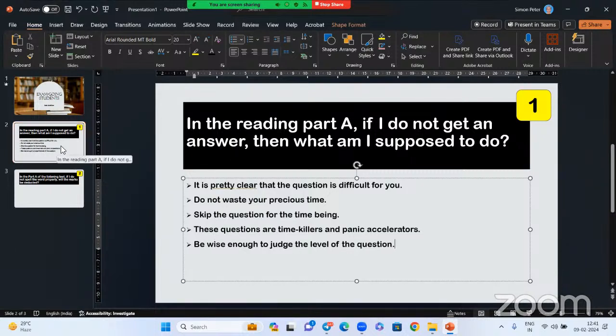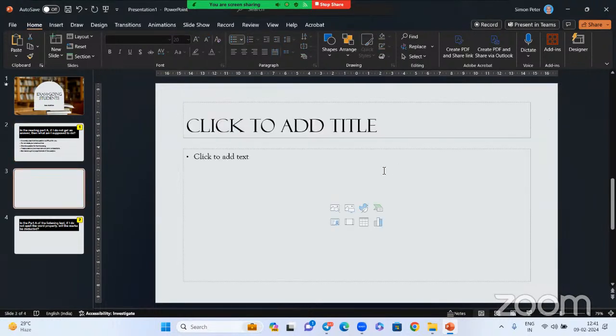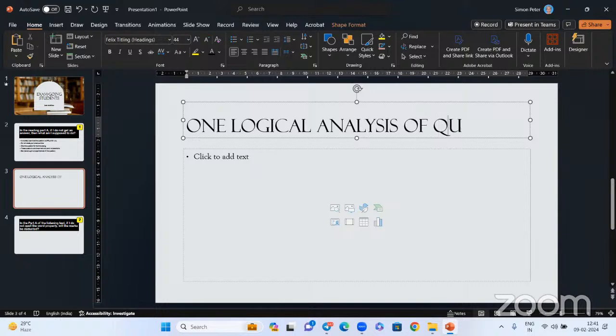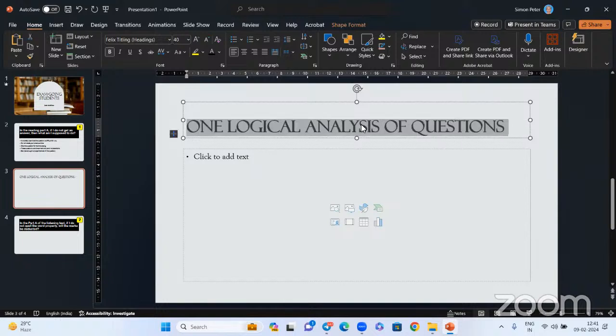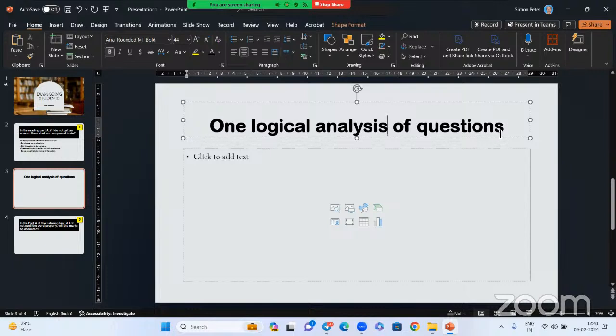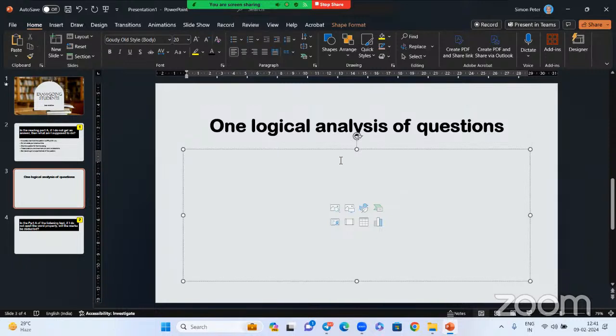Okay, now this is an explanation, one logical analysis of questions. Okay, fine. Now let us analyze these questions. There are three types of questions.